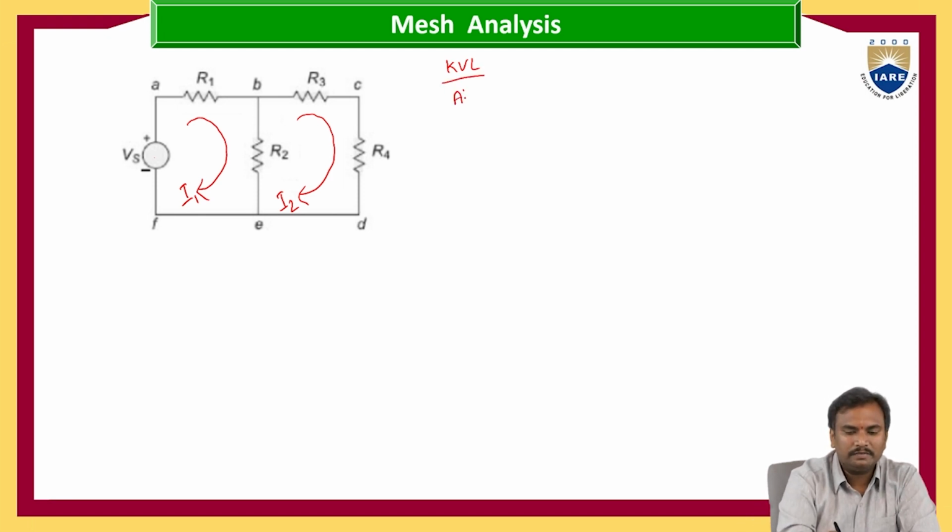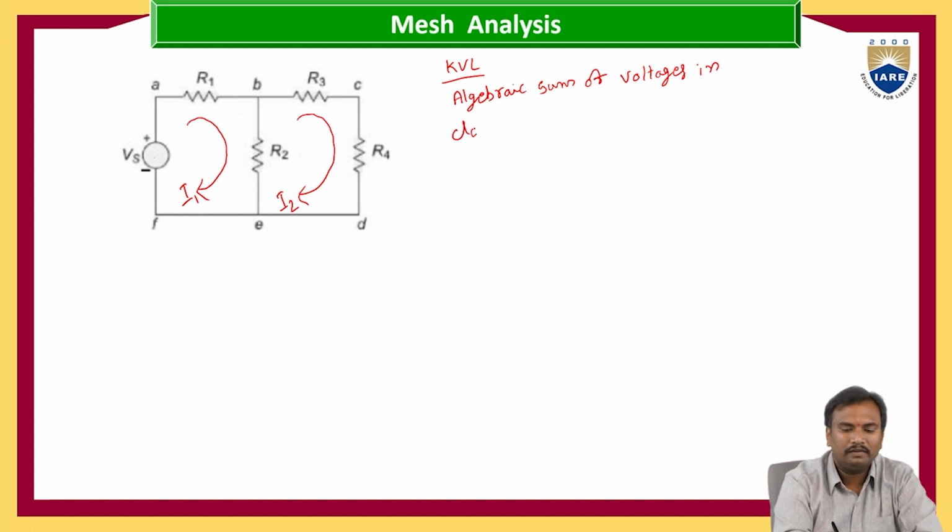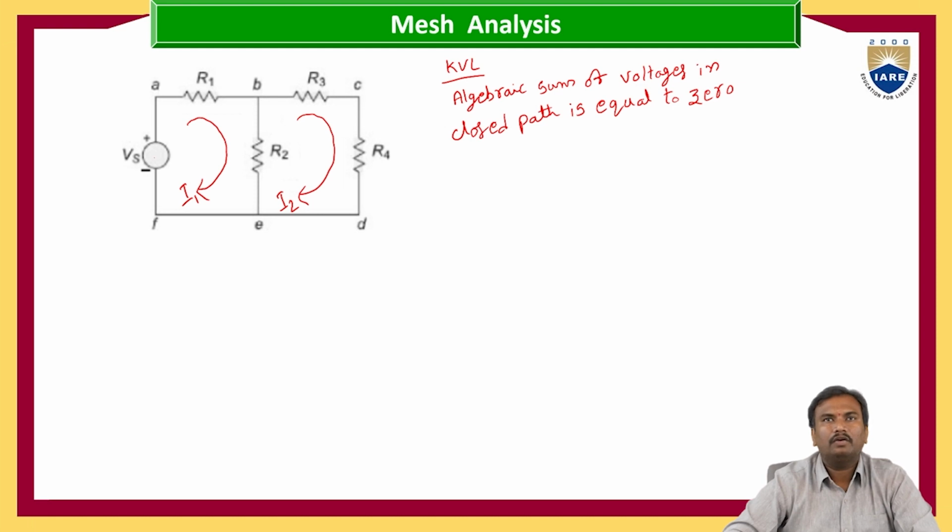That is, the algebraic sum of voltages in a closed path is equal to 0.